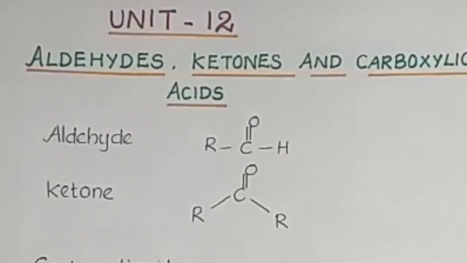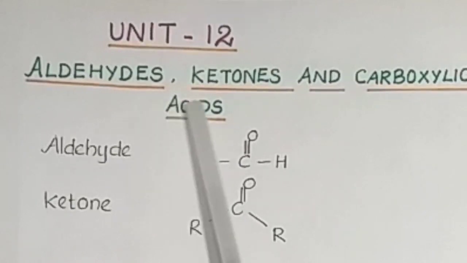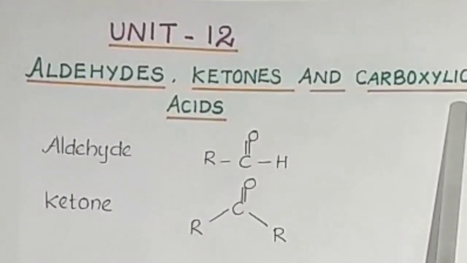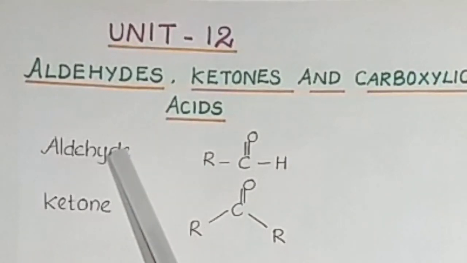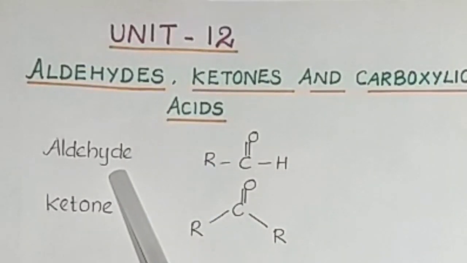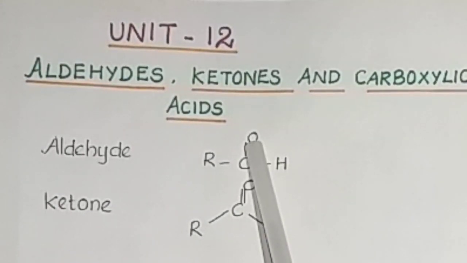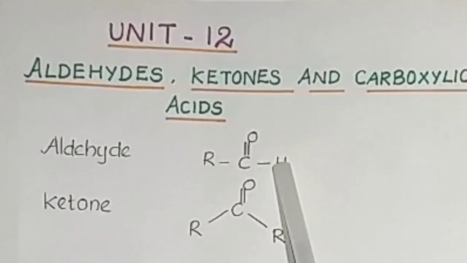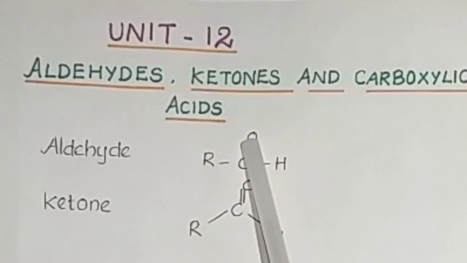We start our 12th chapter, Unit 12, Aldehydes, Ketones and Carboxylic Acids. What do you mean by aldehydes? Aldehydes are organic compounds which consist of the CHO functional group. The general formula is RCHO.